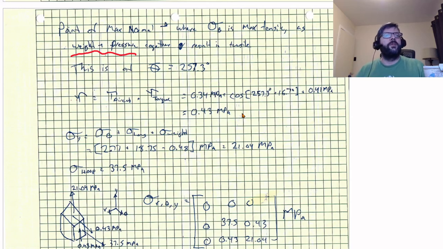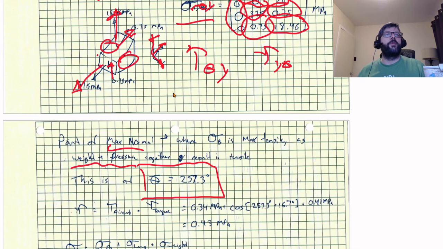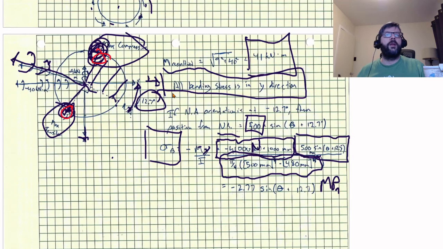So in order to see our maximum values, we're looking at the point where the stress is the maximum positive value as well. That'll be at theta equals 257.3. So right here. Right there.